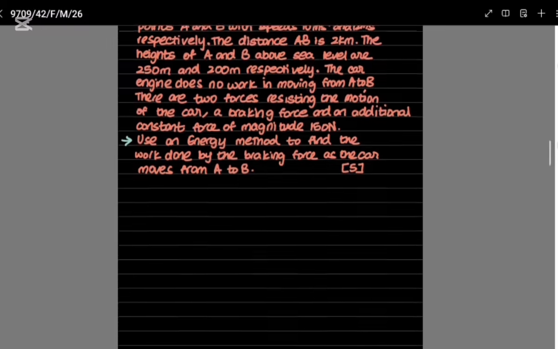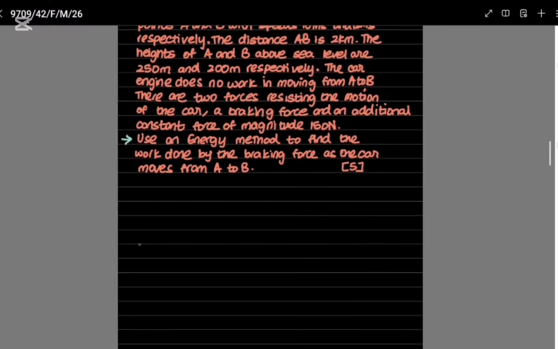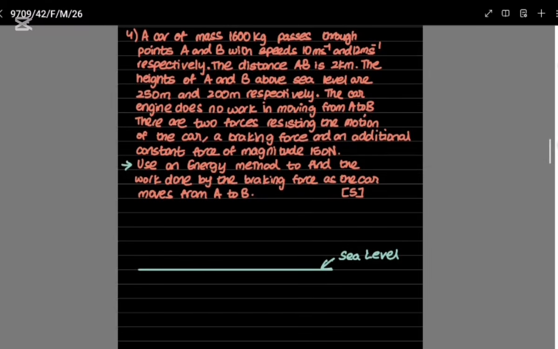Now let's draw this. Every time, draw a rough sketch, and this is going to help you a lot. So this is the sea level. The heights of A and B above sea level are 250 and 200 meters respectively. So this is A, this is 250 meters.